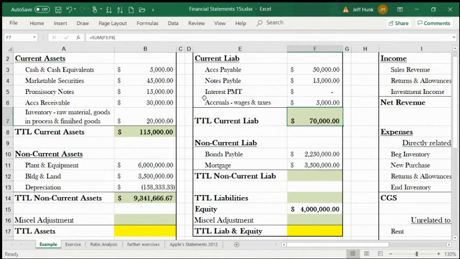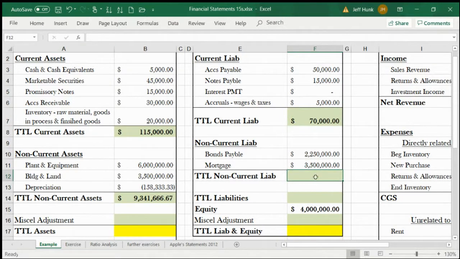So the source of funds to pay for current liabilities must come from current assets. So this is the source of funds to make this payment. Obviously, you have to have bigger current assets than current liabilities. And the difference between the two is called net working capital. If this is working capital, after netting it out, it should be called net working capital.